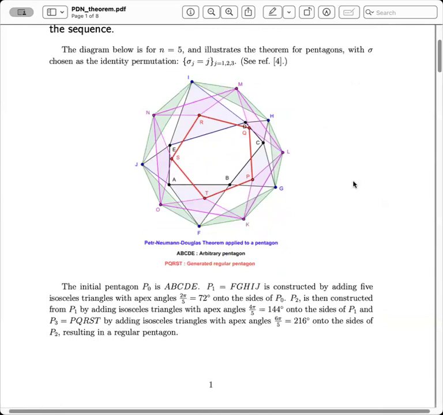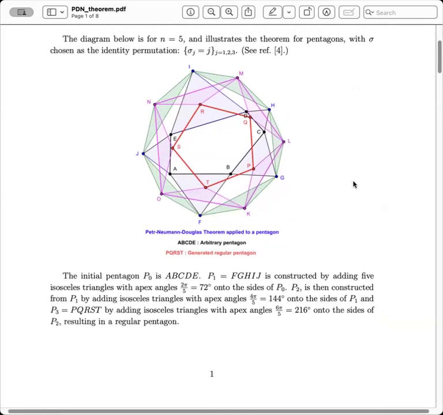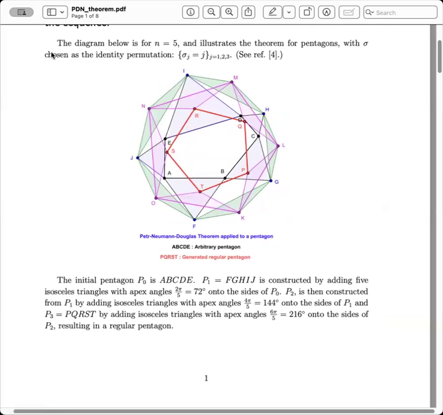The case of pentagons, n equals 5, is illustrated in the picture, with sigma, the permutation of 1 to 3, chosen as the identity permutation.